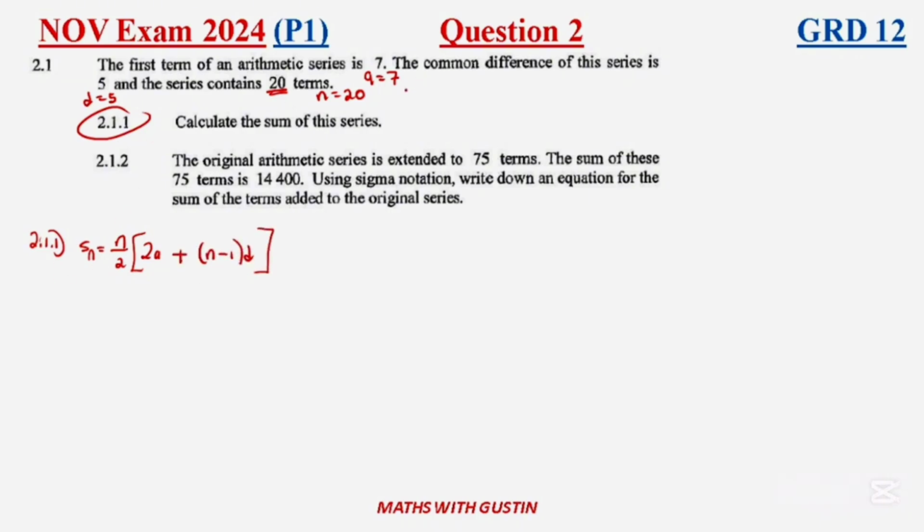We already know a, so we're looking for S20. S20 is equal to 20 over 2 bracket 2 times a, which is 7, plus 20 minus 1, close bracket, then our common difference is equal to 5, close.